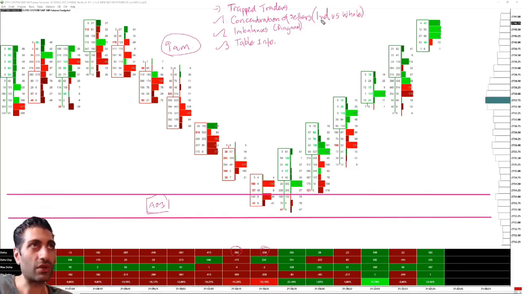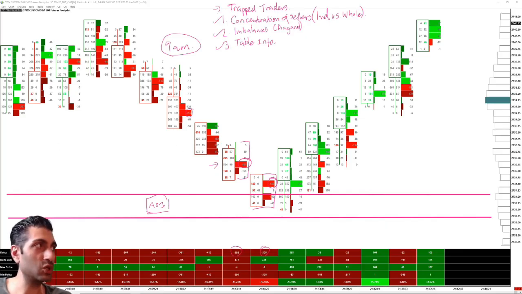Okay, so concentration of sellers. So would you agree in this candle? Where's all the trapped sellers, guys? There you go. Look. Guys, it's as clear as anything. That's where the concentration is. In here, where is the concentration? It's clear, isn't it? See it? Here, it's there.